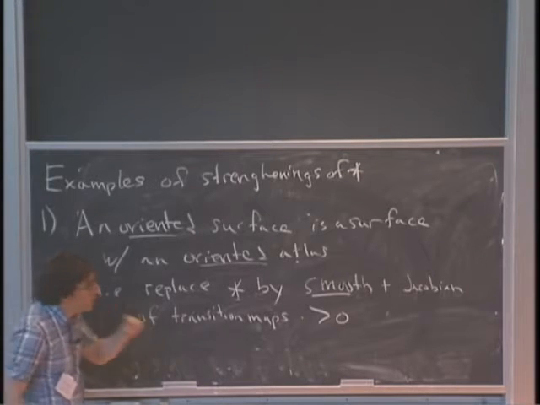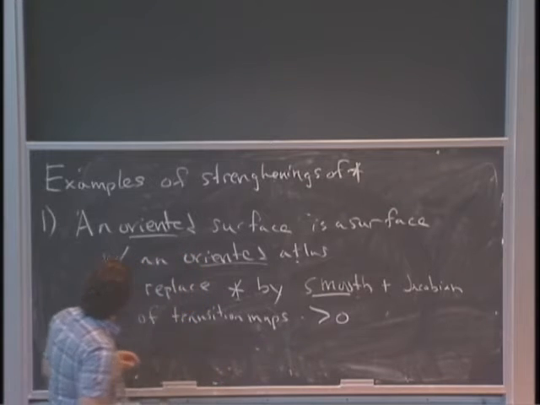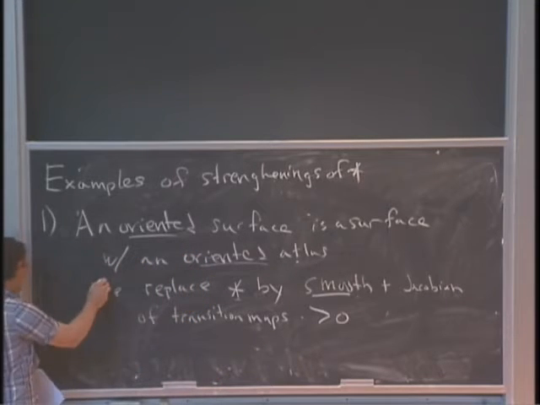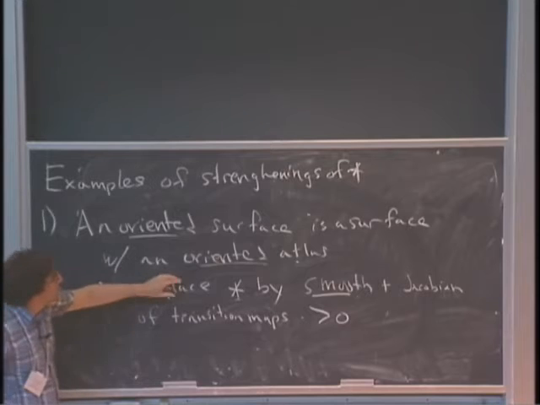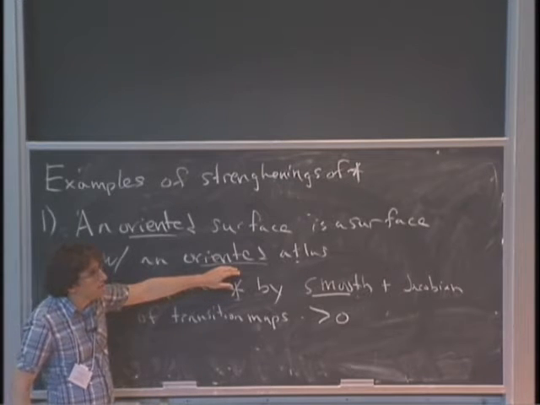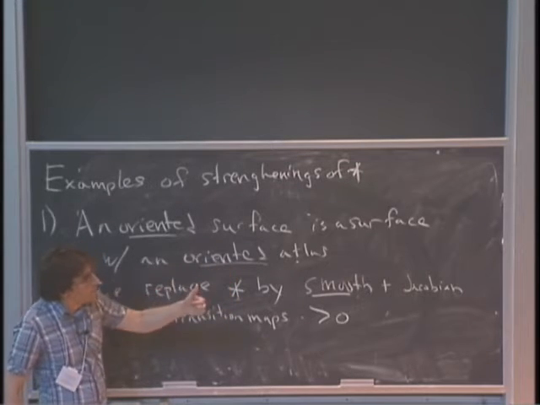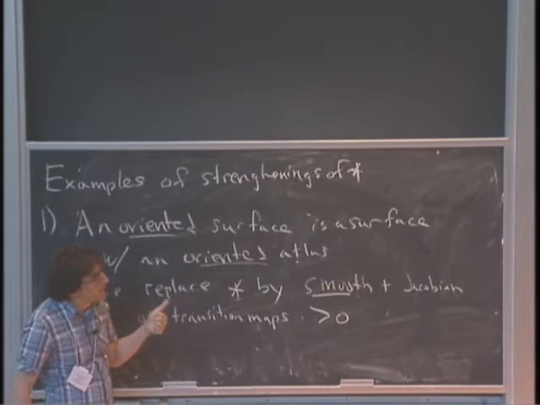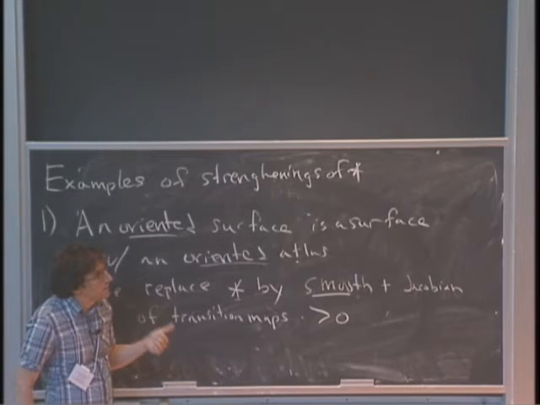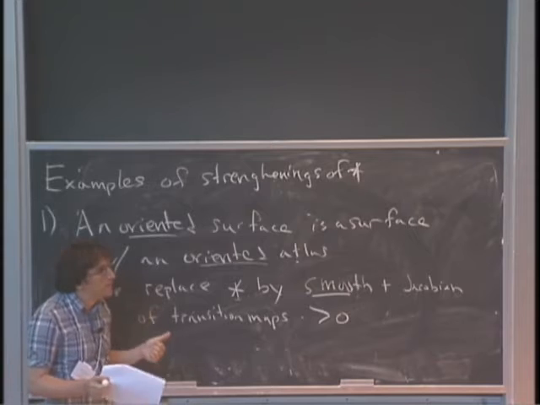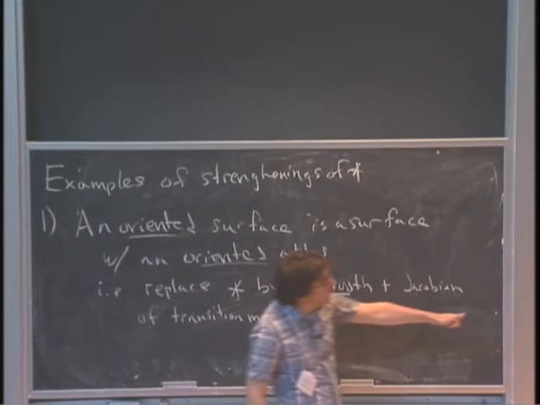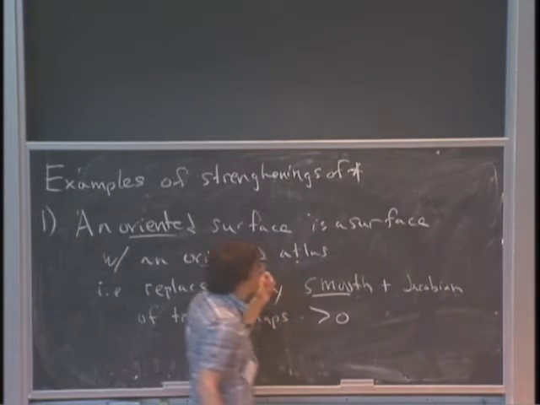But the thing that turns out to be true, and you should always remember this, is that when we're making a bigger restriction on the atlas, there are two things. On the one hand, it's harder to have such an atlas. So there may be things that have a smooth atlas but don't have an oriented atlas.